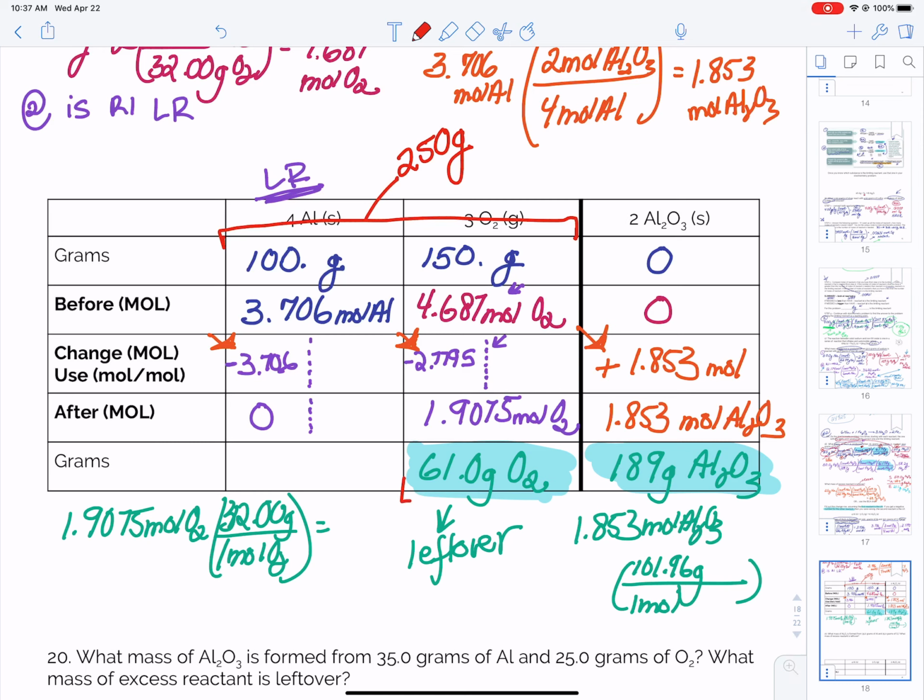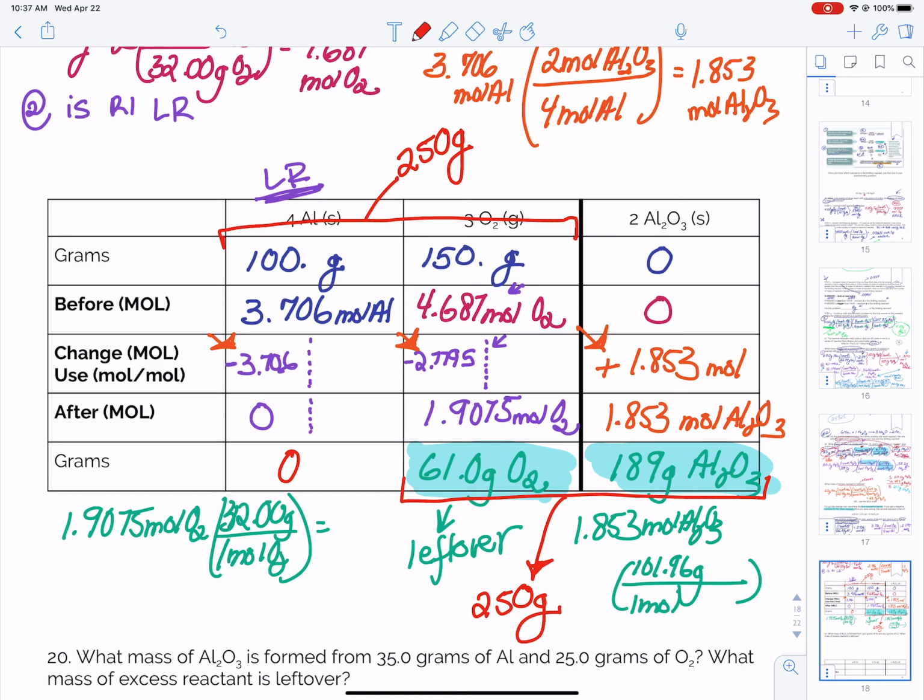I have new products that are created, but look at what's 61 plus 189? 250 grams. So I started with 250 grams and I ended with 250 grams, of course. So I like this method because even though it's sort of a lot to keep track of, you answer both questions at the same time, and you can check your work easily by looking at how many grams of matter I start with and how many grams of matter I end with.